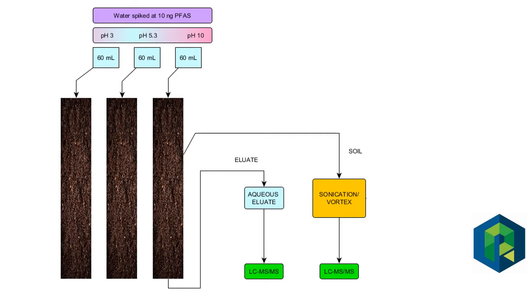Finally, we would take the same soil that we just previously sonicated and extracted, and we would subject that same soil to ASE, so a high pressure, high temperature extraction, and then analyze the extract from ASE using LCMS. And trying to compare these 3 levels of aggressiveness in your extraction to see which PFAS would come out.